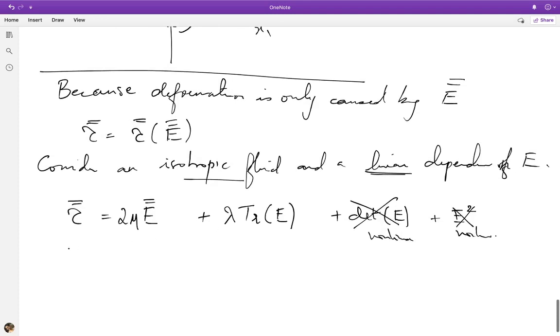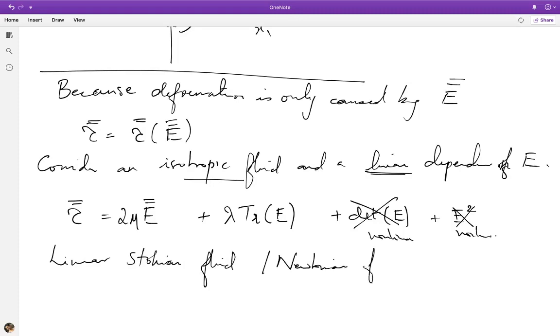This relationship is the most general form of what is known as a linear Stokesian fluid, or it's also what we call a Newtonian fluid in the literature. And this has two material constants, the viscosity and this constant lambda, both of which are independent of E.